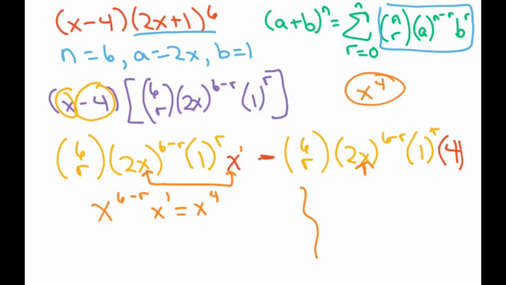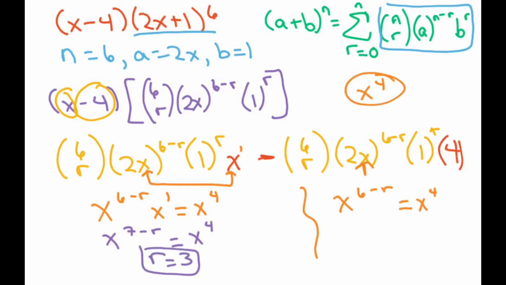So on this side, it would be x to the 6 minus r equals x to the 4th. So what I'm going to do is condense this part. That's going to be 7 minus r equals 4, so r is 3. Over here, clearly r will be 2.